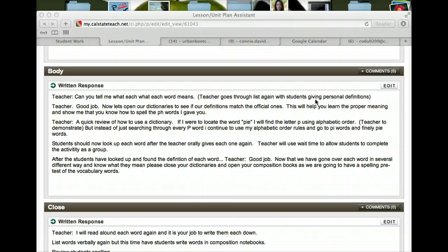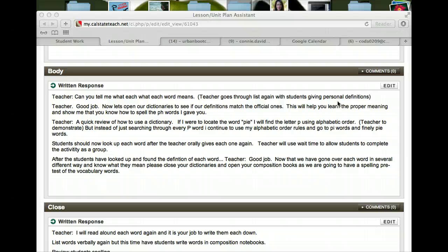Now, you say, we're going to look them up in the dictionary to match the official ones. So you expect me, the kid who speaks Mandarin, to understand what this dictionary is saying, and then kids gave their personal definitions, but what if those definitions were wrong?